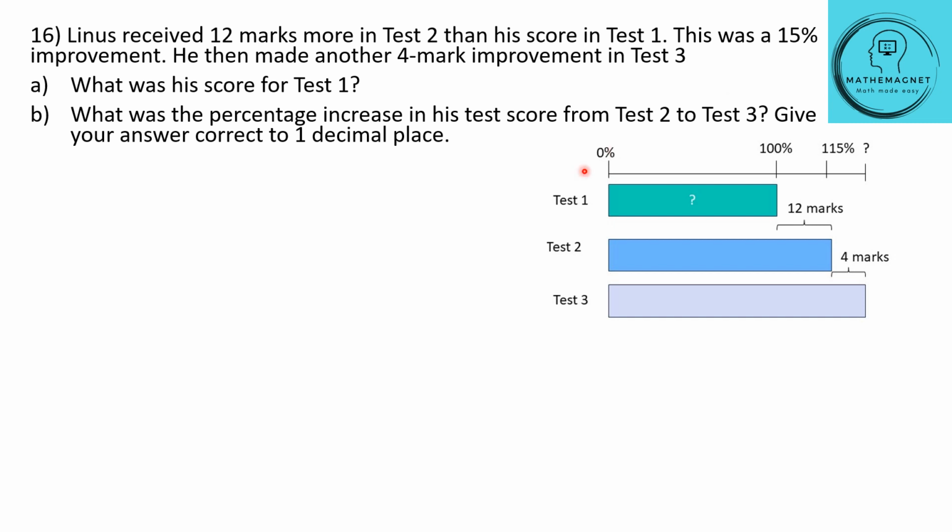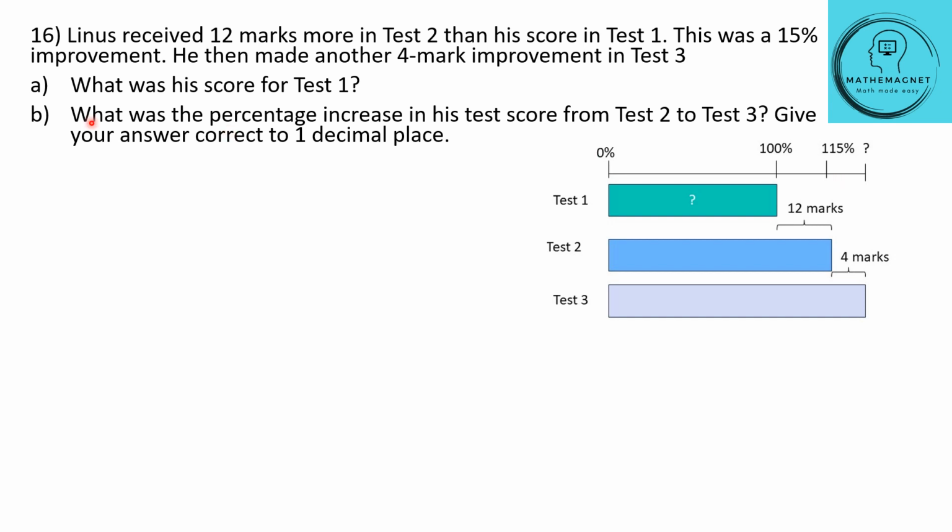Now Linus received 12 marks more in test 2, which means the differential amount is 12 marks, and this was a 15% increase. So from 100% it becomes 100 plus 15, which is equal to 115%. And then in test 3 he has gained 4 more marks. Now they want us to find how much is this percentage increase. Okay, so let's go step by step.